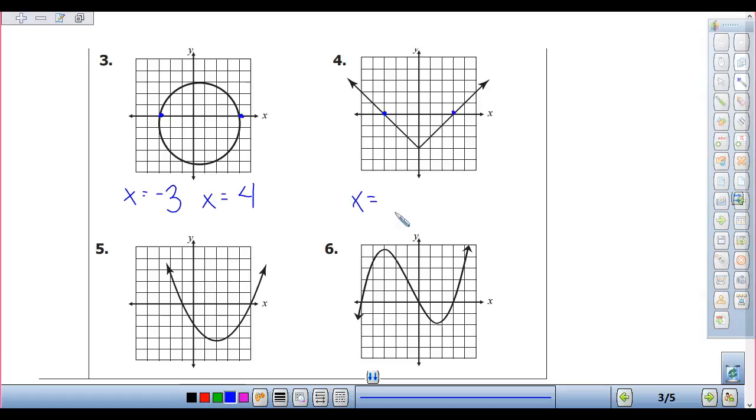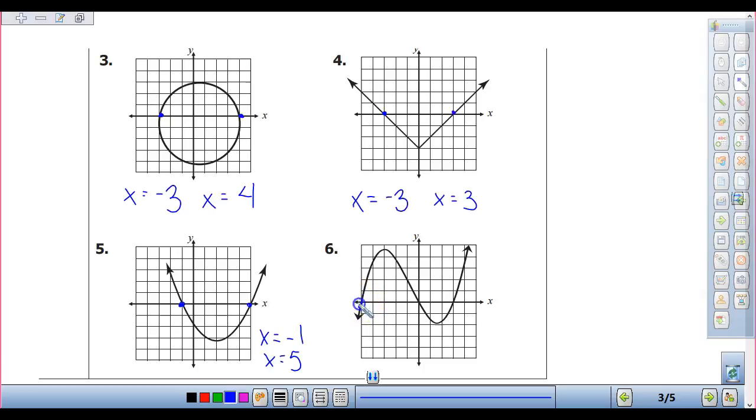Okay, do 4, 5, and 6. Find your x-intercepts. And then we'll check them here in a minute. How many answers did you get for number 6?